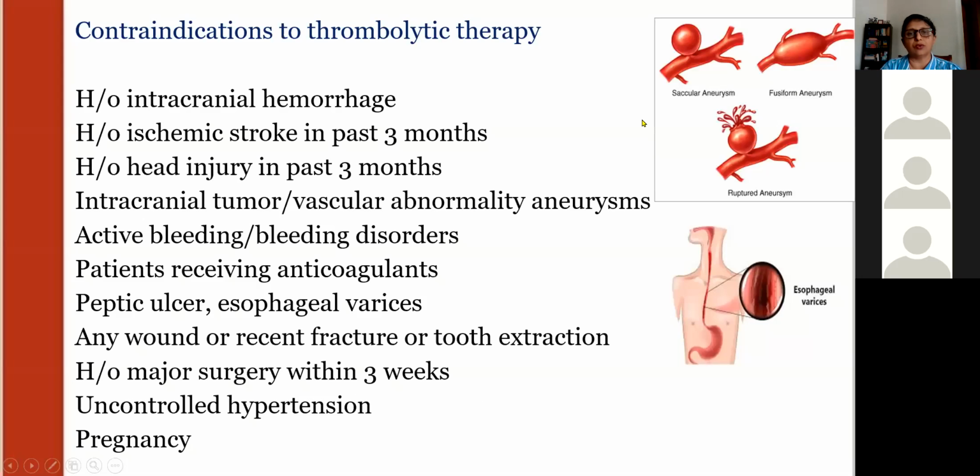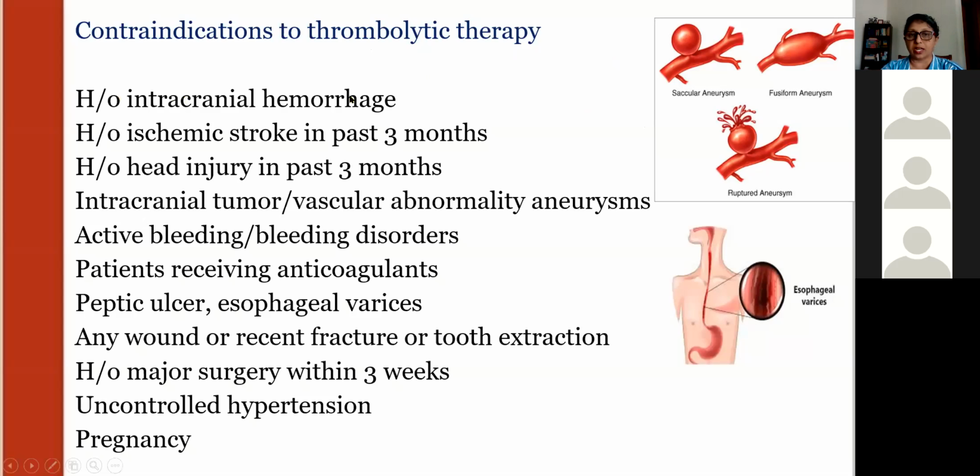Okay, these are the contraindications. I don't have to describe these, because you know that all these thrombolytic drugs cause bleeding. So any condition which causes bleeding, we cannot give thrombolytic therapy.